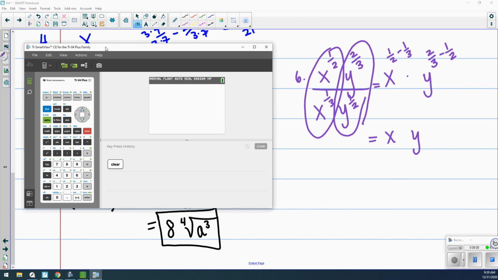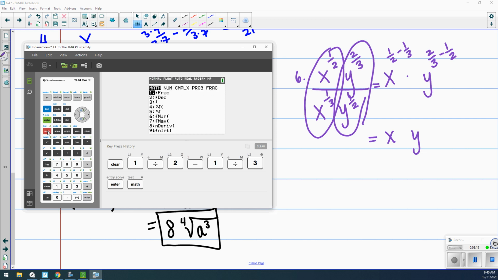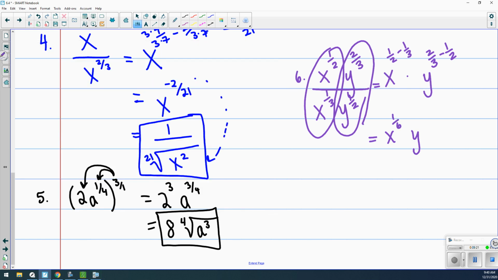Hopefully you have a calculator of some sort. What you're going to do is you're going to go 1 divided by 2, that looks like 1/2, minus 1 divided by 3, that looks like 1/3. You hit enter, and then it's math 1, and that'll turn your number into a fraction. So that's 1/6. So I'm going to put a 1/6 right there.